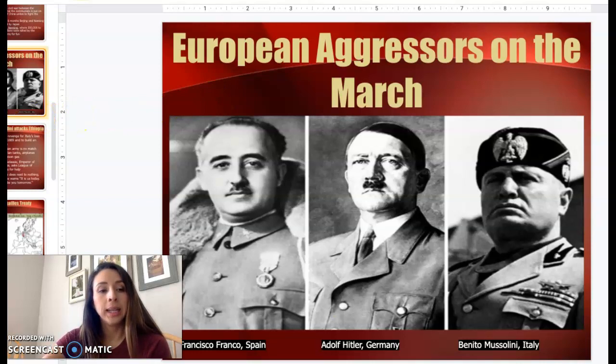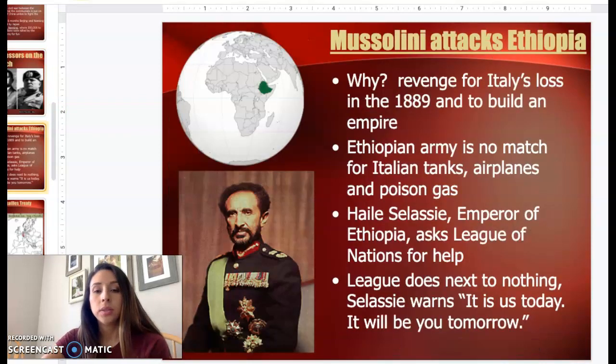Benito Mussolini in Italy. So if you remember back to our unit on imperialism, Italy attacks Ethiopia, the African country, in the late 1800s. And Ethiopia was one of the only African countries that was able to resist imperialism by Italy.